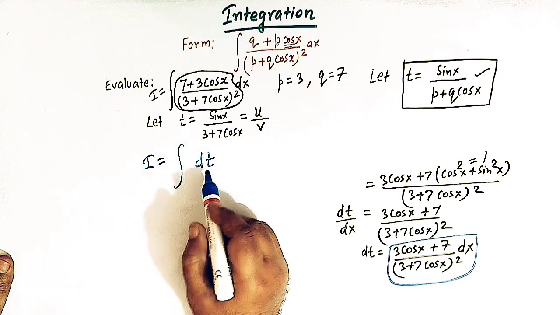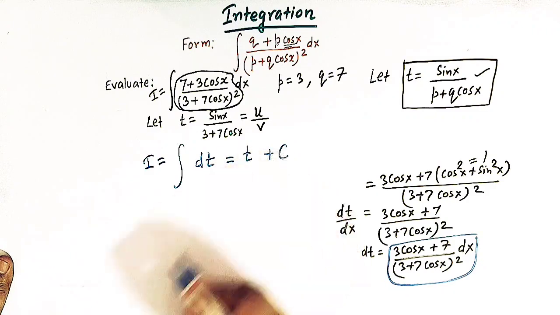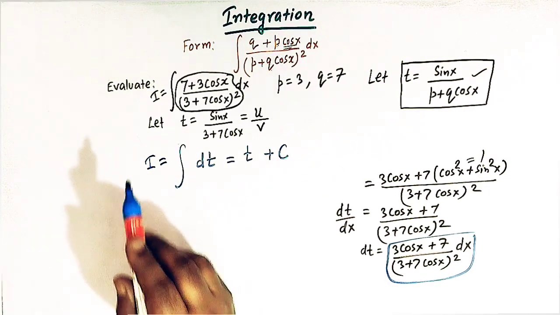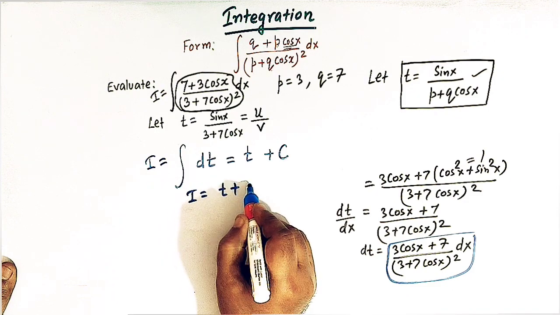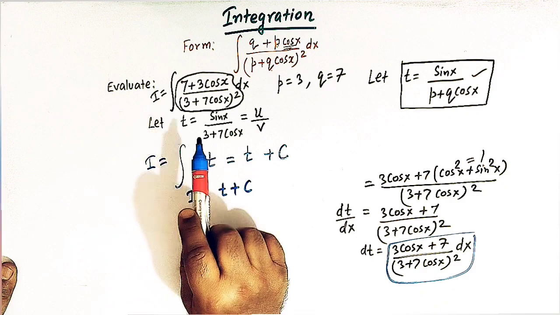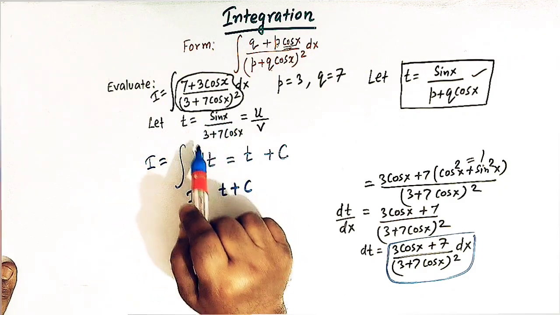And the integral of dt is simply t, and of course here we have the constant of integration as c. So now our integral I is equal to t plus c, where c is the constant of integration and t is the substitution, right? So we have introduced this substitution.